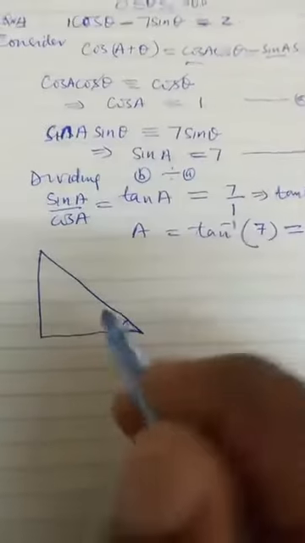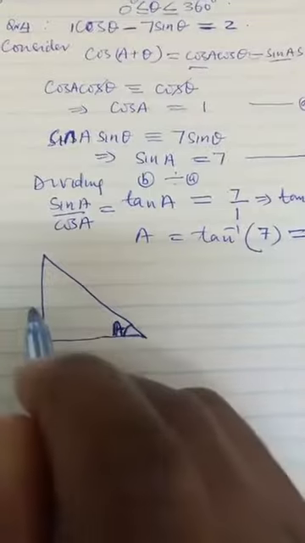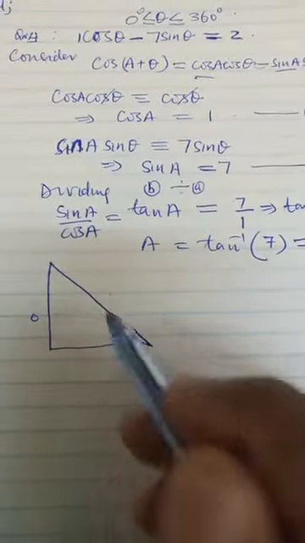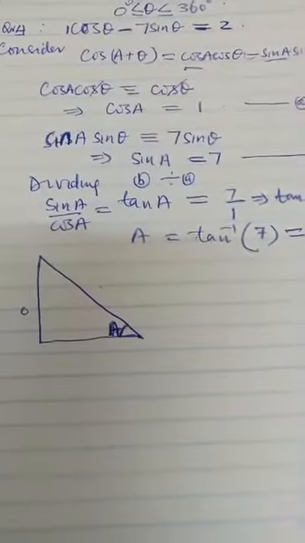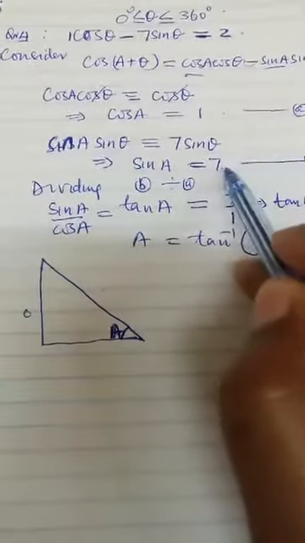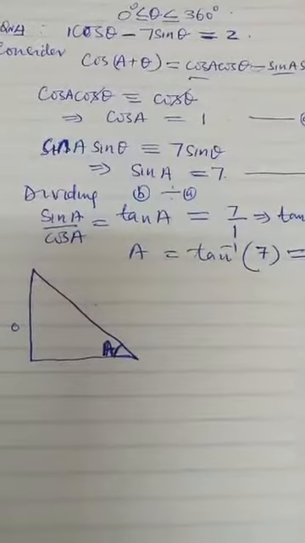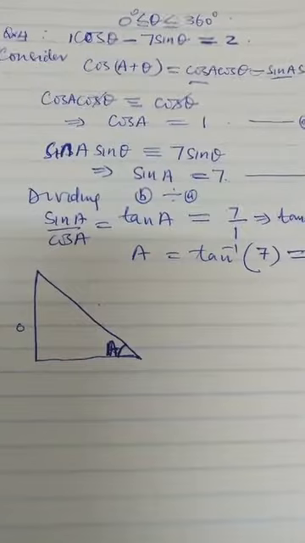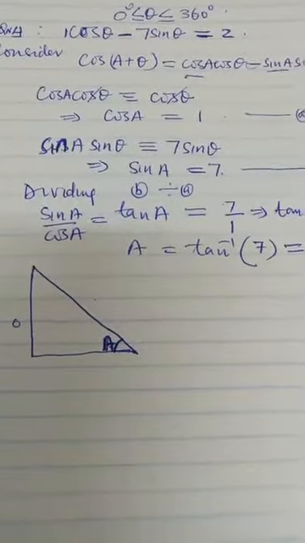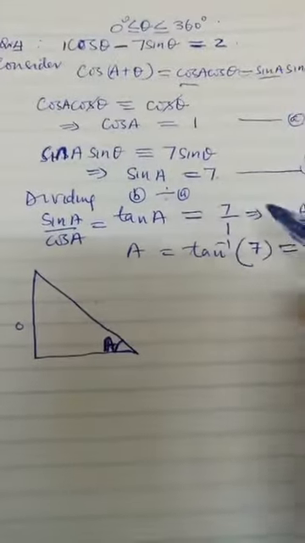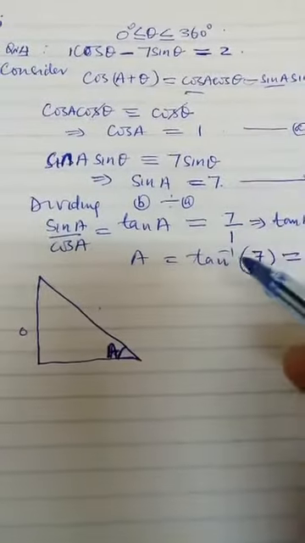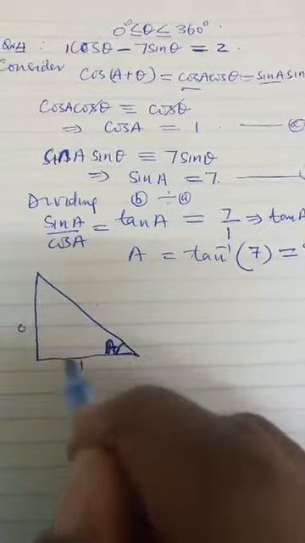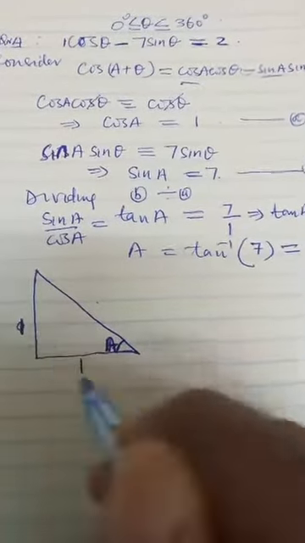So if this angle is A, sine A is opposite over the hypotenuse, and it is telling us that sine of A is 7. Of course, this is a bit strange, and we want to find out if we are getting that the tan is this. Tan is opposite over adjacent, cos is 1, then this would be 1, 1.